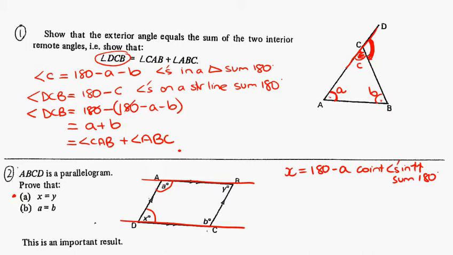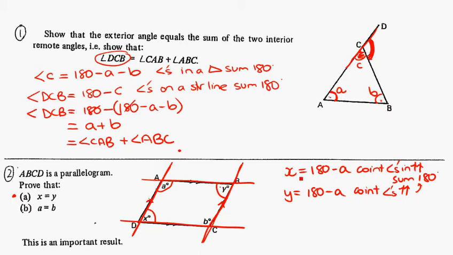Alright. Now if we take the other pair of parallel lines, here's another pair of parallel lines, I can tell they're parallel because I've got arrows on them. I can see that y would equal 180 minus A, because they're co-interior inside the second pair of parallel lines, so it's the same reason. Co-int angles, parallel lines, sum 180.